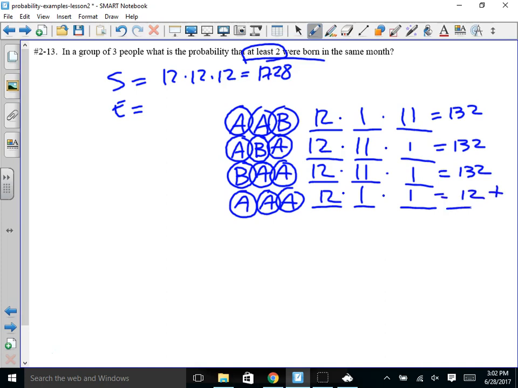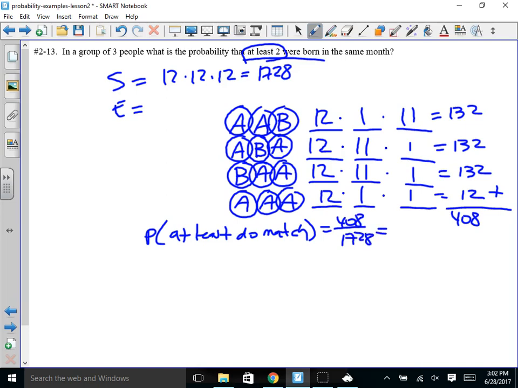If you add those all up, that turns out to be a total of 408 different ways. And so the probability that we would have at least two match would be 408 out of the 1728, which turns out to be that same 0.2361.